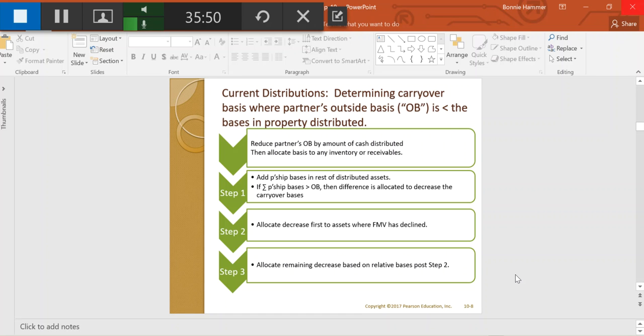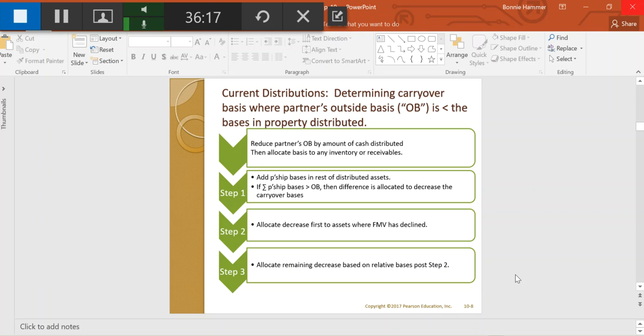And if those partnership bases are greater than his outside basis after reducing the outside basis by cash and the basis of any inventory or receivables received, then that difference, that excess, is allocated to decrease the carryover bases of the other non-cash property other than inventory or receivables that's received.